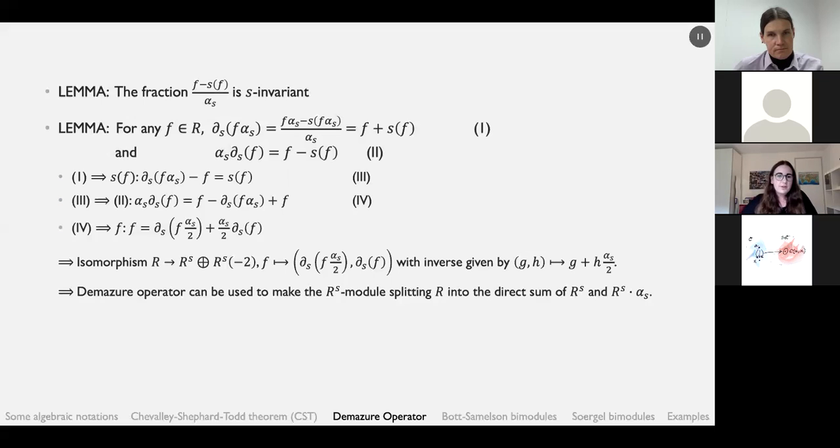And the inverse of this isomorphism is given by the pairing (g, h) being sent to g + h α_s divided by 2. And this implies that the Demazure operator can be used to make the R^s module splitting R into the direct sum of R^s and R^s times α_s.